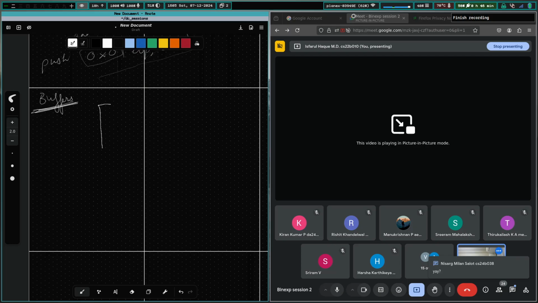So each of these cells is 1 byte. How many are there? 1, 2, 3, 4, 5, 6, 7, 8.